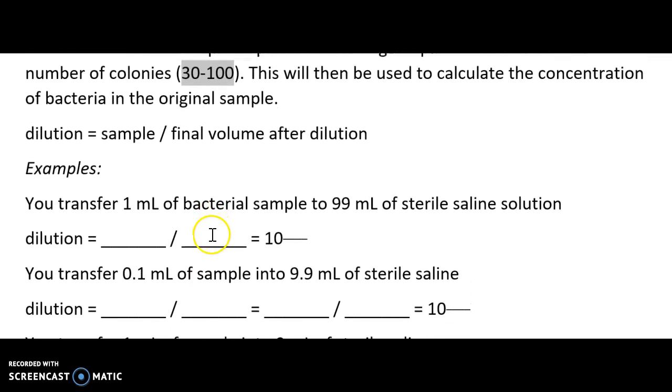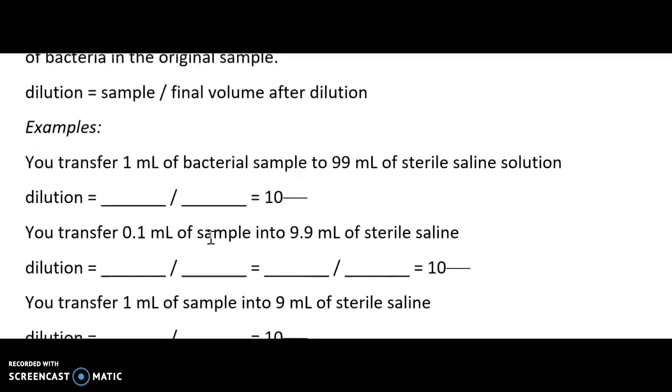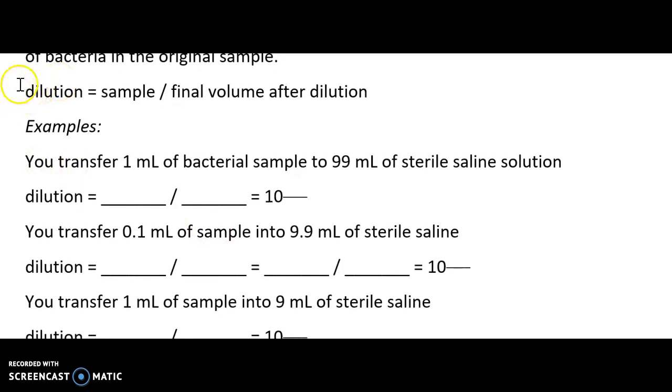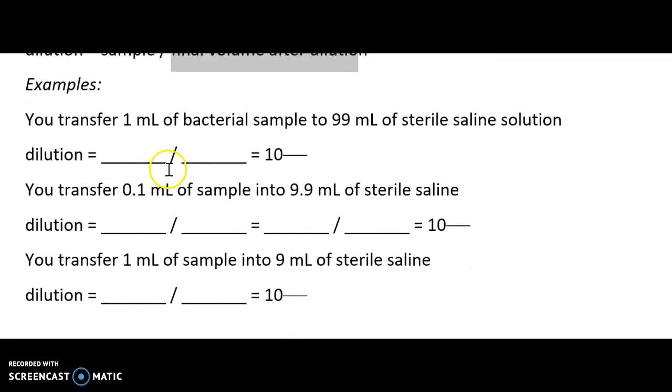The first step in understanding dilution math is the calculation of dilution itself, and that's whatever the volume of the sample was divided by the final volume after you dilute the sample. So for the first example, and you can try the others yourself, you transfer 1 ml of bacteria into 99 ml of sterile saline. Sometimes it'll just be water.